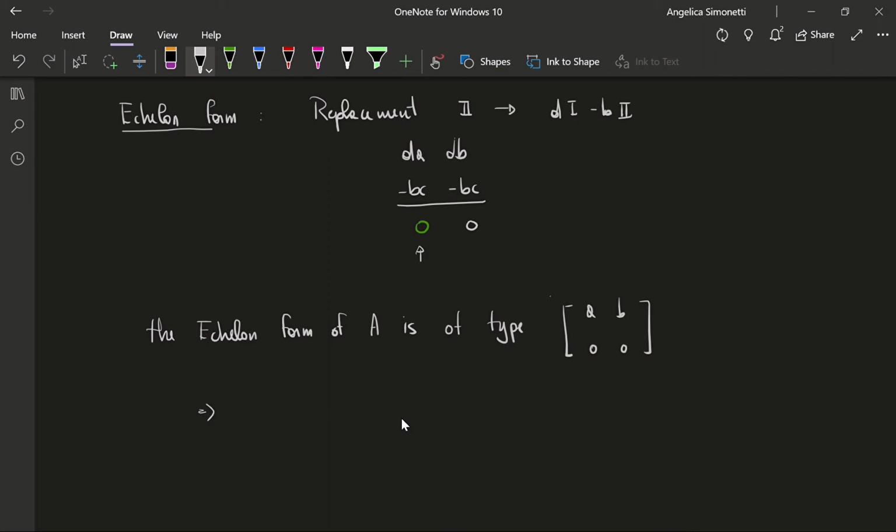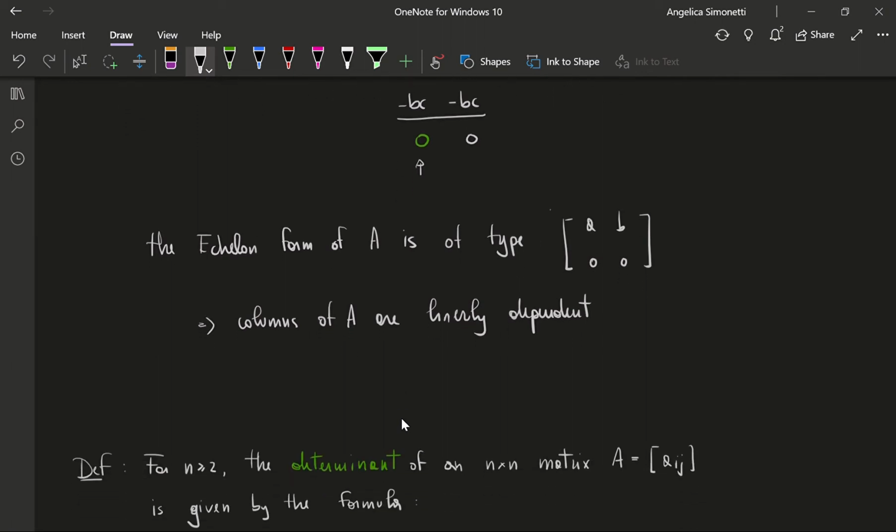Does this imply that the columns of A are linearly dependent, which is one of the equivalent conditions to A being not invertible? So if I discover that the columns of A are linearly dependent, that tells me right away that A cannot be inverted, that it has no inverse. So A is not invertible.